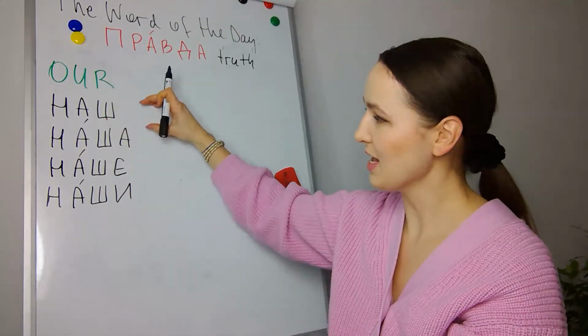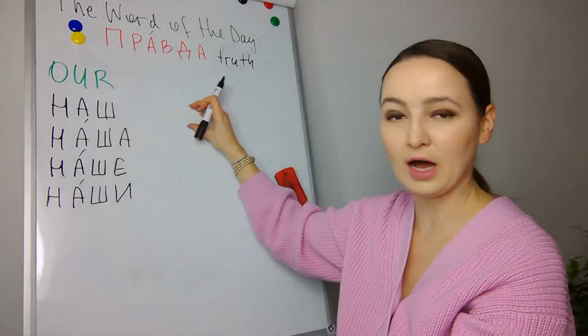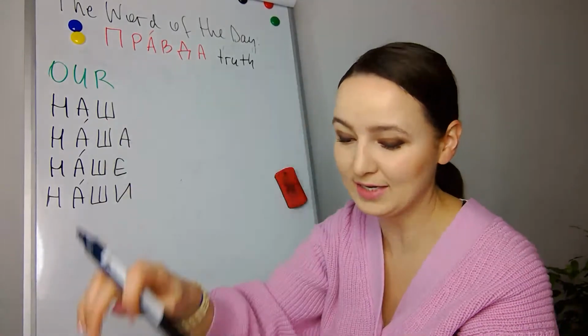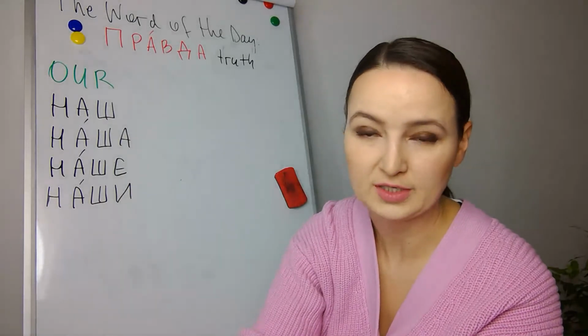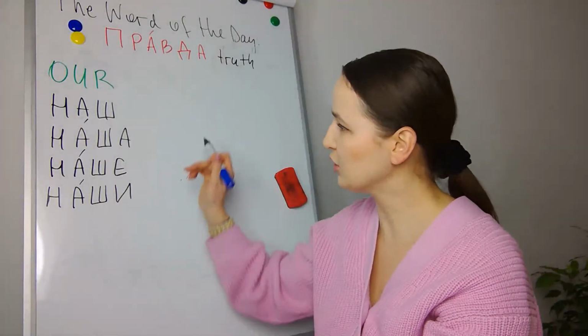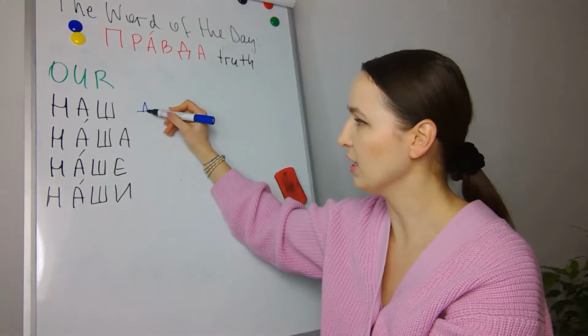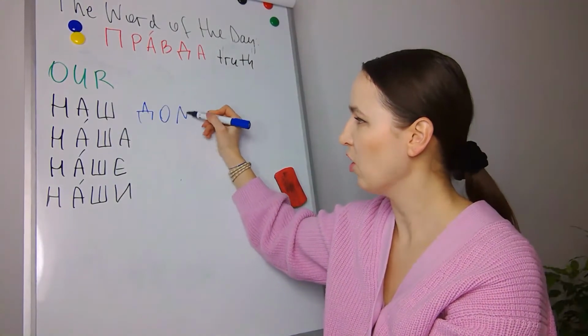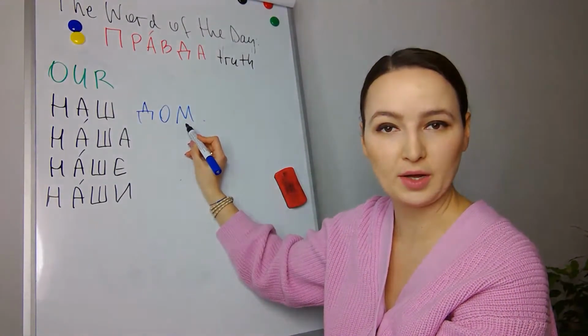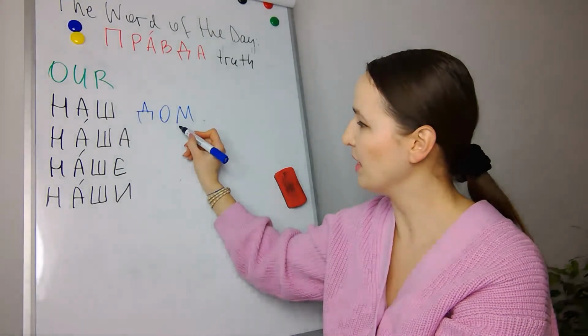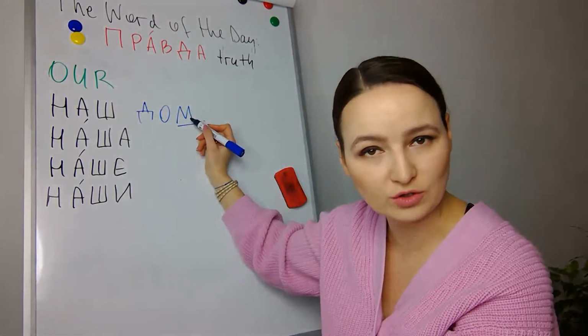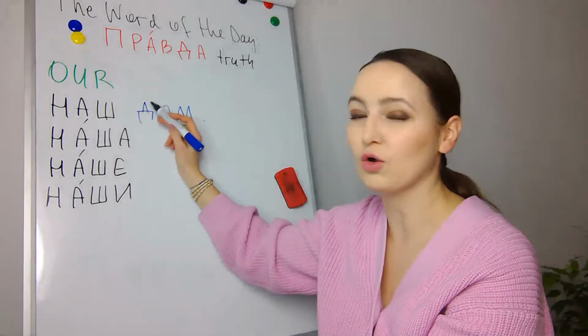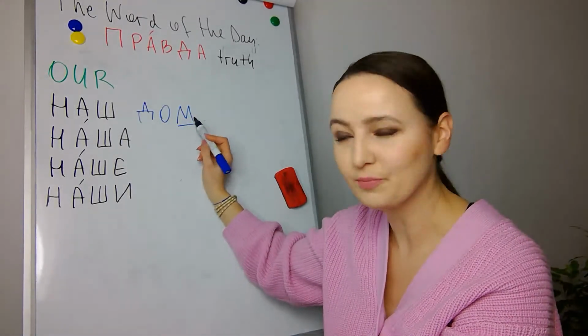Let's begin with the first example. Наш and a noun in masculine. Any noun you want. For example, let's use дом. Наш дом. This noun has a masculine gender because it ends in a consonant. When a noun ends in a consonant, that means that it's masculine.